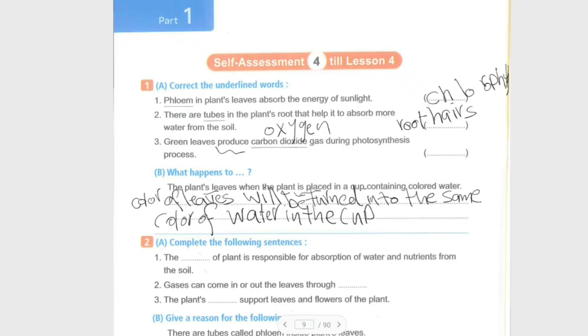The color of the leaves will become the same color as the water.